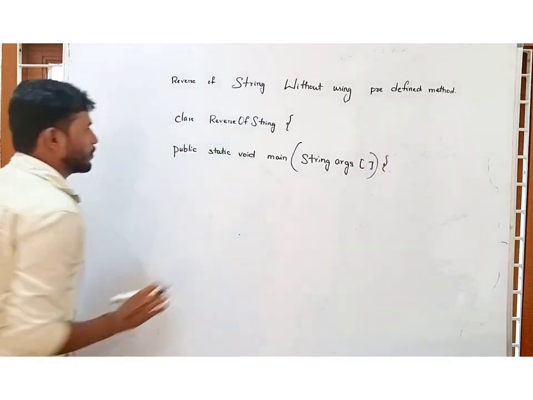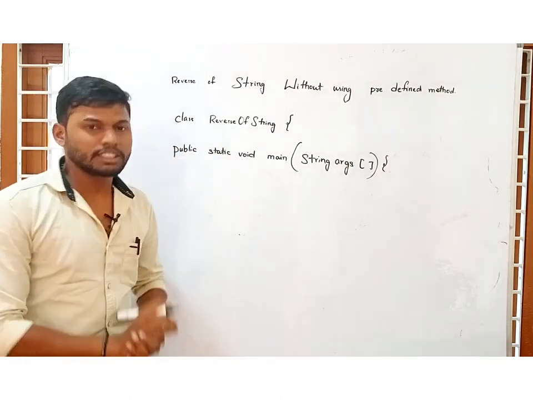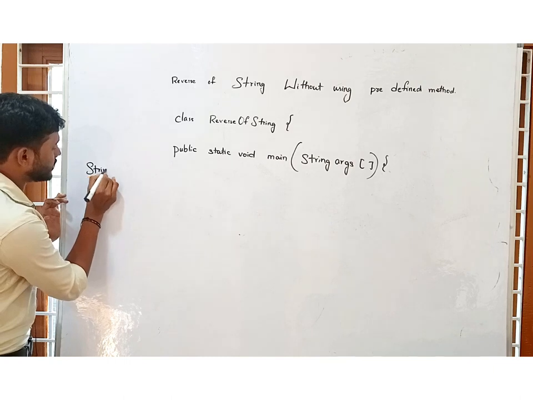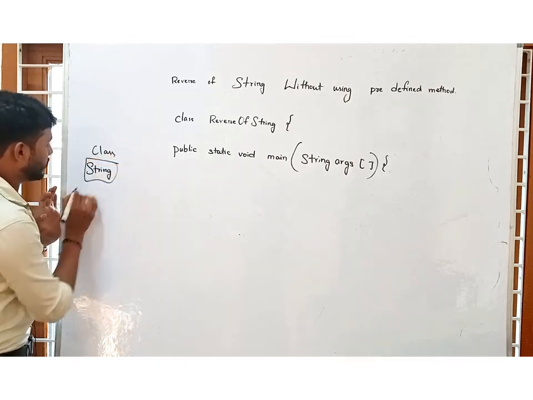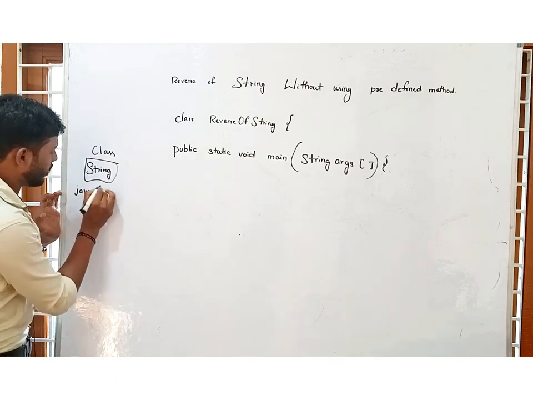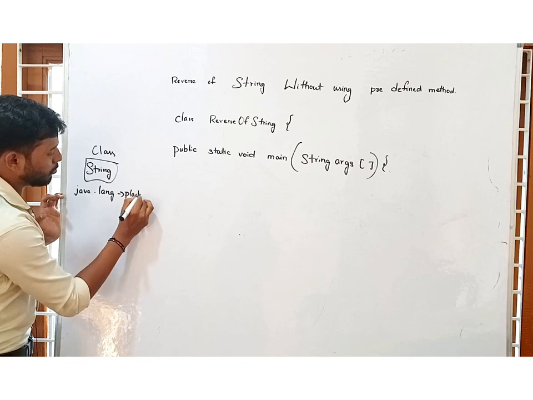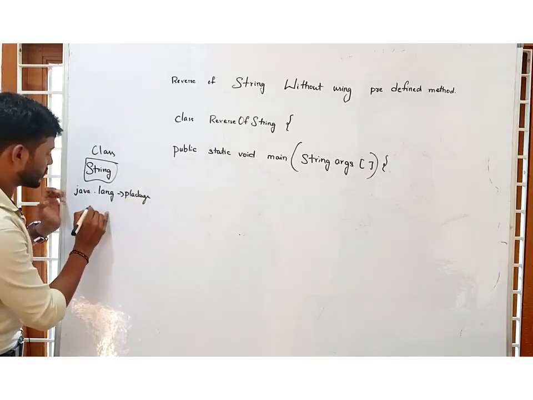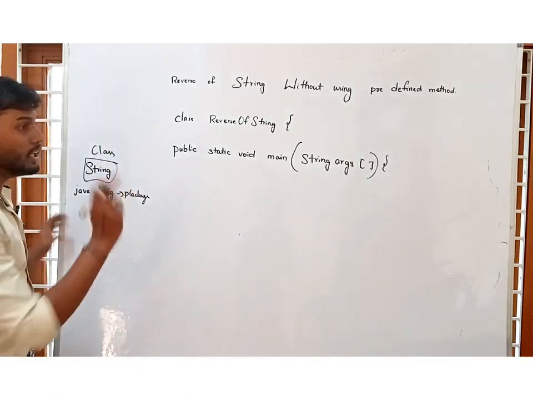Now, before entering the topic, we need to know what a string is. String is a predefined class in Java, and it comes from the java.lang package. For reversing a string, we need to know two methods beforehand.